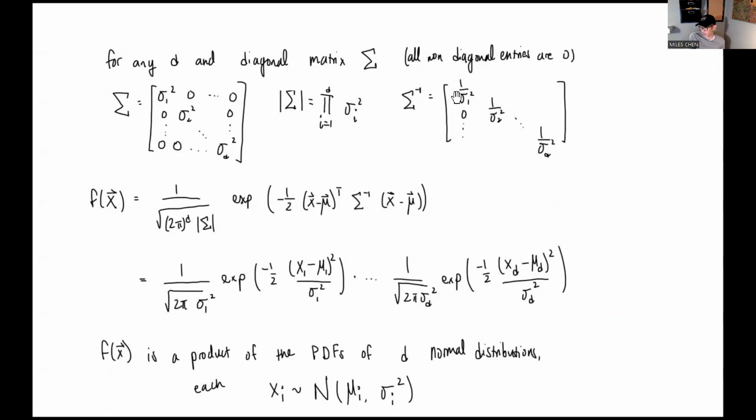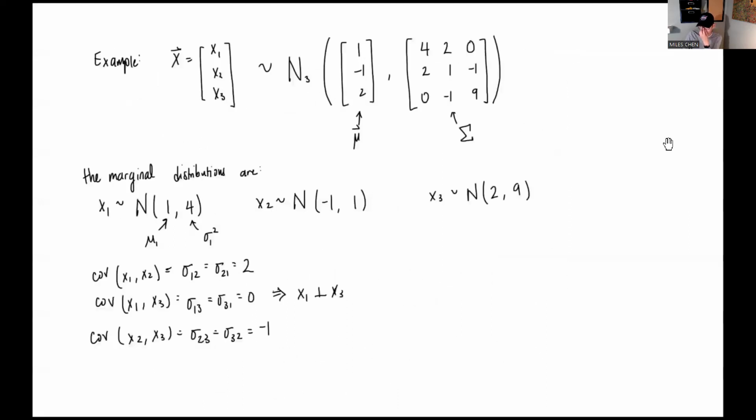And with the inverse, you can factor out each diagonal element as well. So basically, the resulting PDF, if all of your off-diagonal elements are 0, is just the product of a whole bunch of normal distributions, as one might expect. And this is all reflected in the formula, the PDF there.